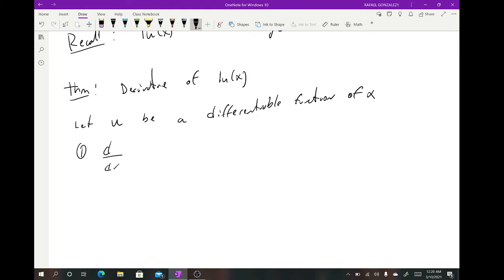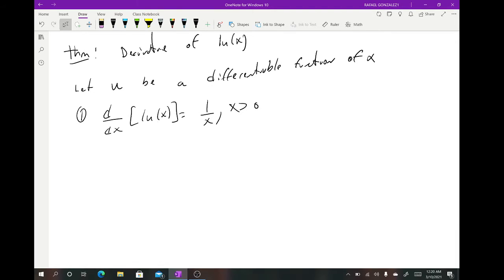The derivative with respect to x of ln of x is equal to 1 over x whenever x is strictly bigger than 0, because remember, we cannot have negative or 0 in logs. Let me just remind you, the graph of log looks like this, and it has a vertical asymptote at 0.